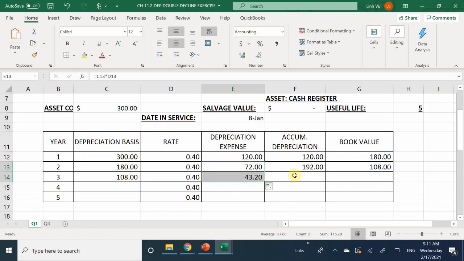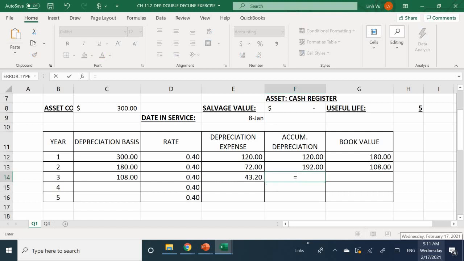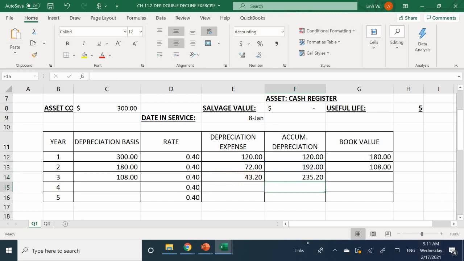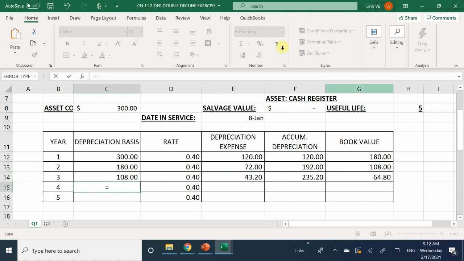So what does that make my accumulated depreciation? 235.20, making my new book value 64.80. And that is the book value for year number 4.